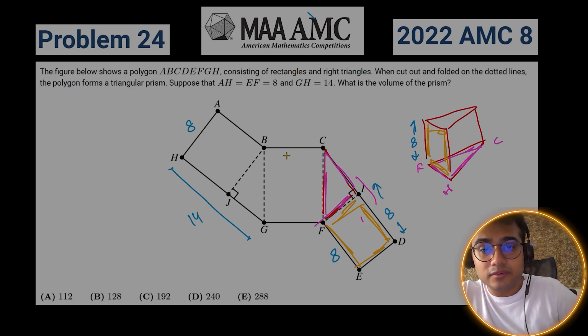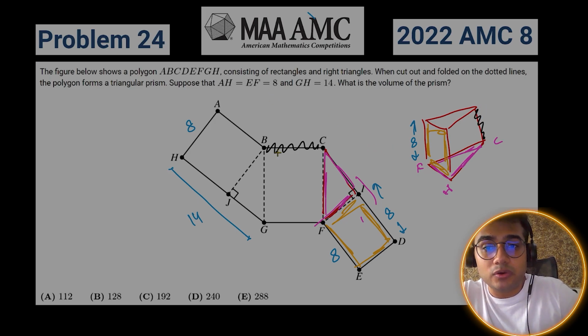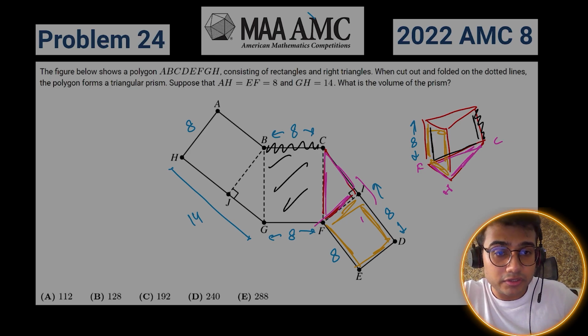Okay, and then this side is going to go perpendicularly to this, so that means this length right here is going to be the one that is perpendicular to C, this one right here. So that is 8 as well. So we know that this is 8, and then this is 8 as well. And then we have this other side triangle that goes on the top, and this must be 8 as well, because this side right here, this black one, is actually the one along the hypotenuse.